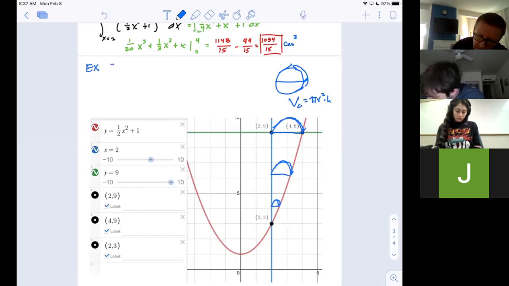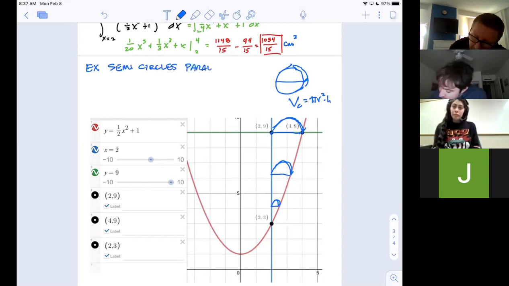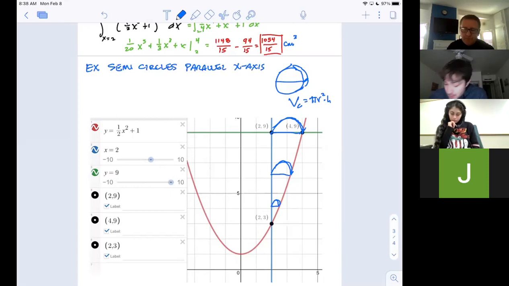So this would be semicircles. I guess I could say parallel to the x-axis or perpendicular to the y-axis. Write something out, even if it's wrong.